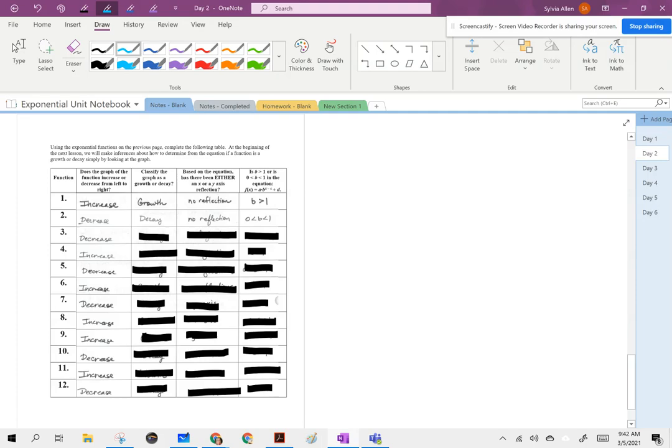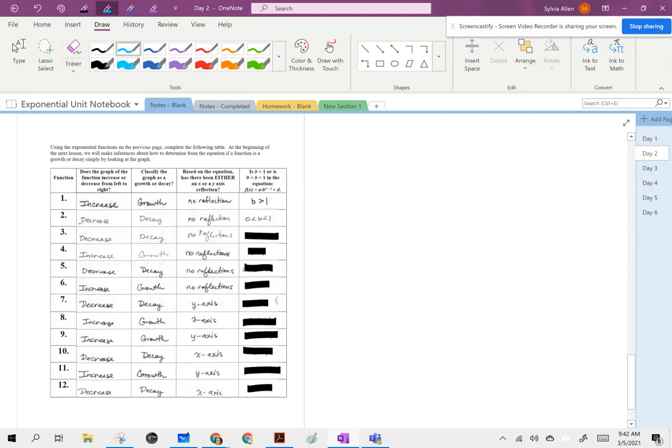I want you to address any of these 12 that look a little confusing as to why it is. And then I want you to also make the connection with growth and decay. And then also in terms of reflections, just being able to identify those reflections. And then also to be able to identify the value of B.